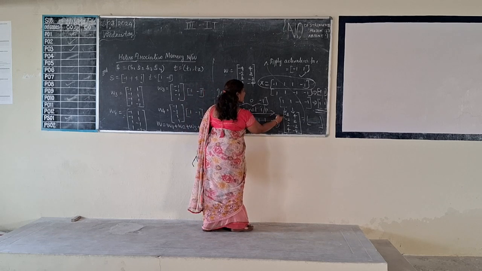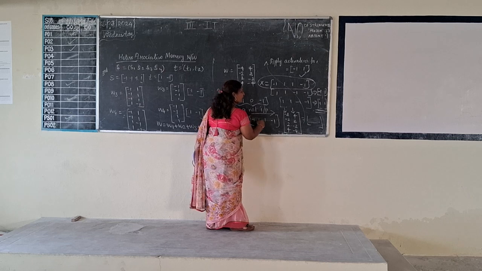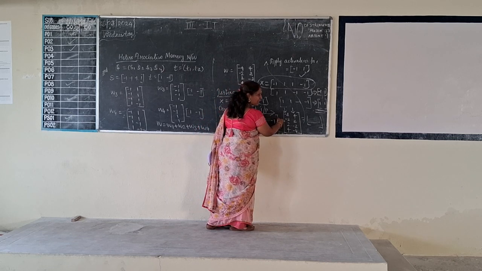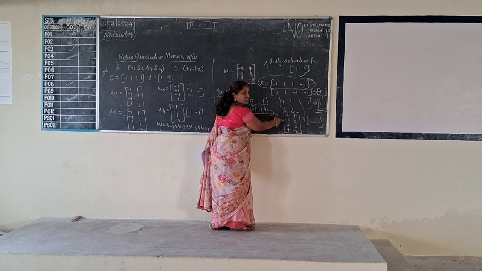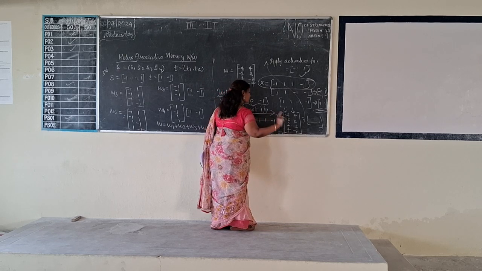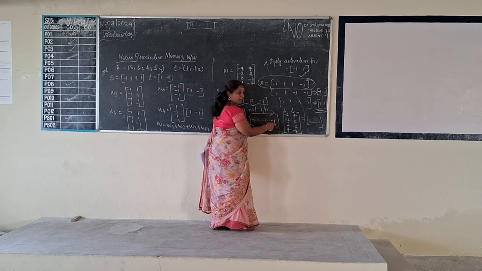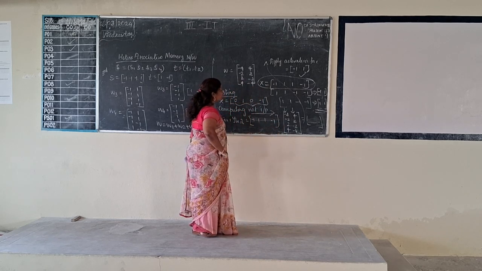Minus 1 into minus 4 will be 4. 1 into minus 2, minus 2. So already you have 4. 4 minus 2 will be 2. 1 into 2. So now it is 0.